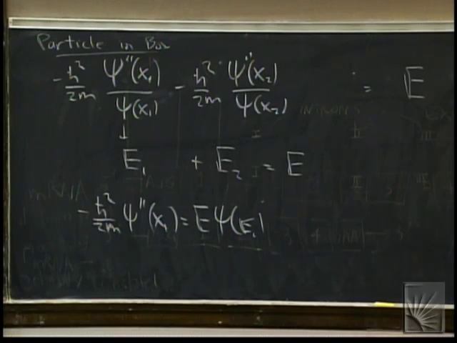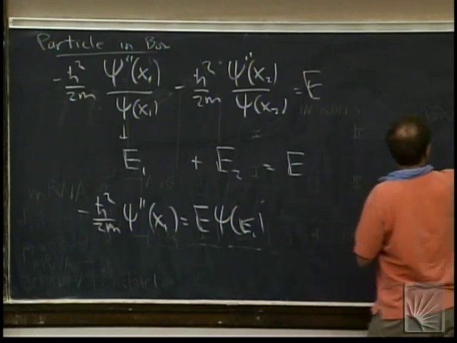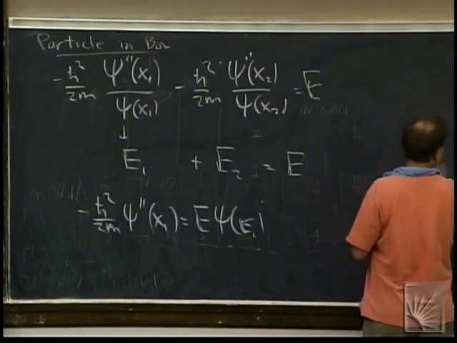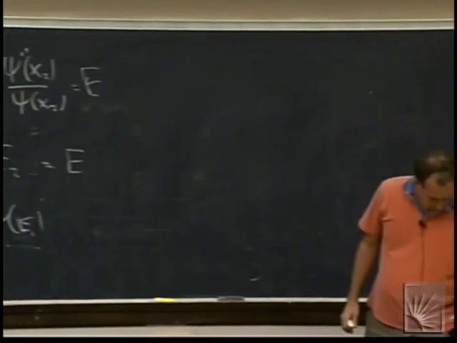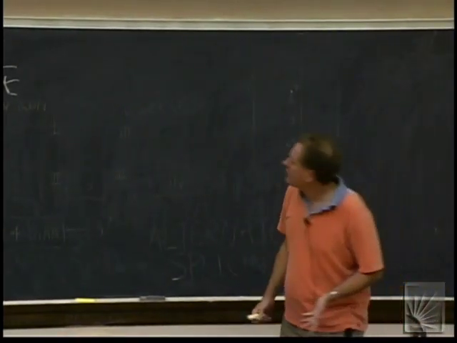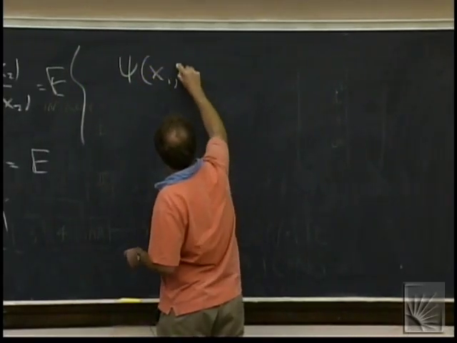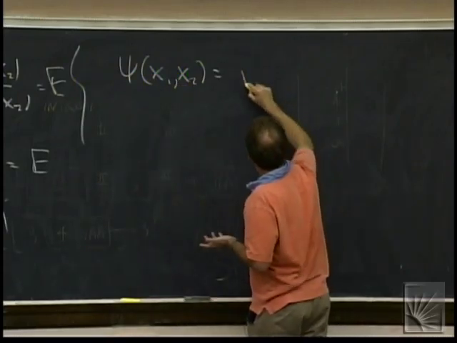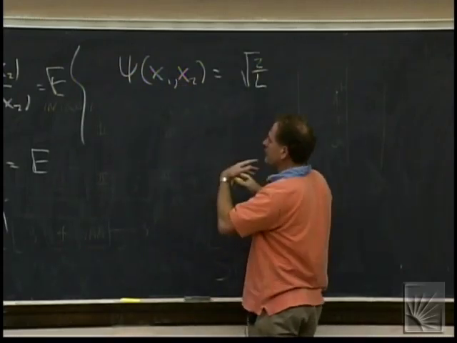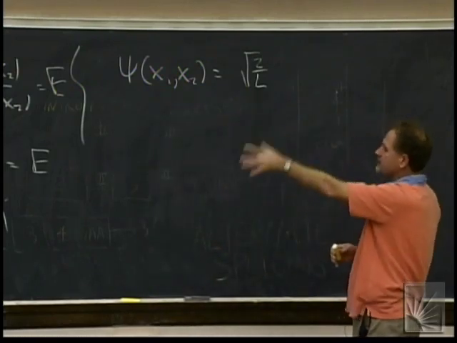So for instance, let me erase my box. This is equal to E. So I can write that the total combined wave function, which I wrote as the product of the wave functions, is psi of x1 times psi of x2.